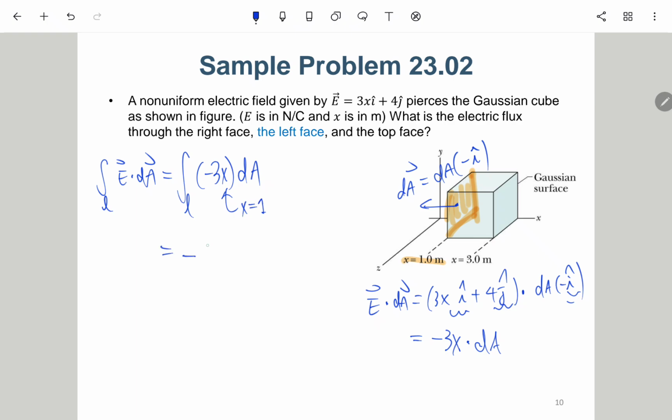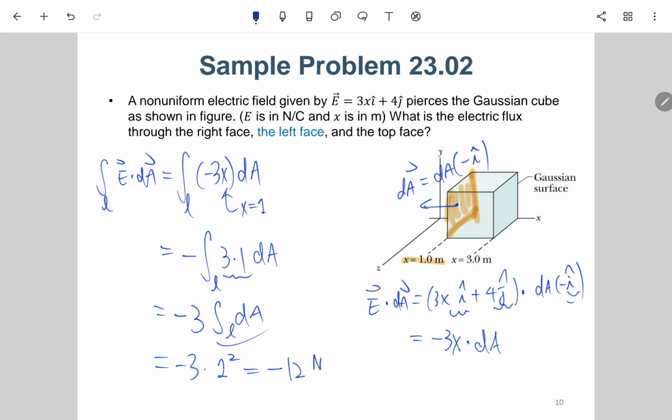It turns out to be negative the integral of 3 times 1 and then dA for the left surface. This is a constant, so it turns out to be negative 3 times the integral of dA. This is the area of the left surface, still 2 squared. So negative 3 times 2 squared, which is negative 12 N·m² over C. This is for the second part.